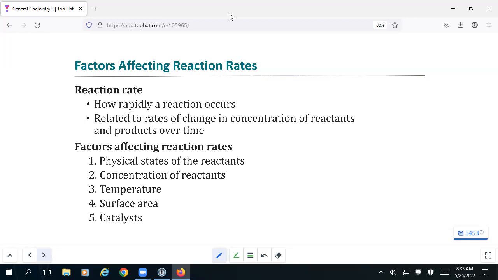That's going to be really, really important, especially if we are dealing with non-solution, non-liquid kinds of substances. And then catalysts, which we'll get into in much greater detail as we go.